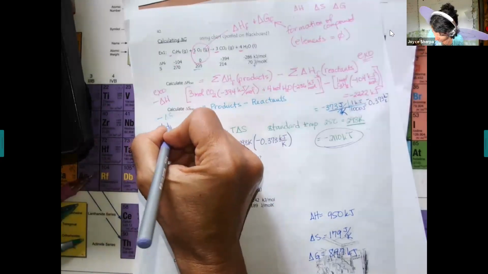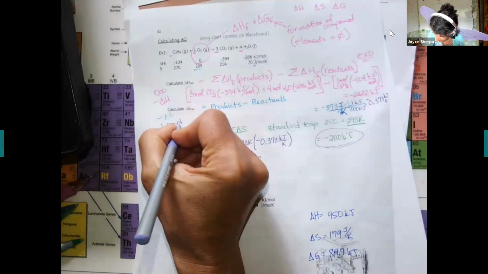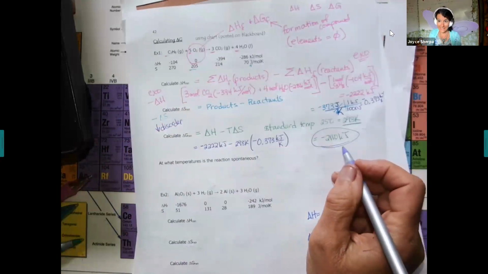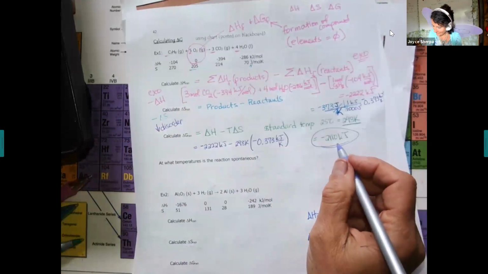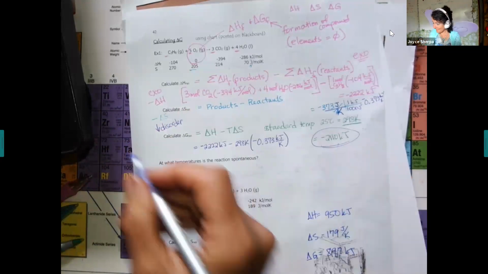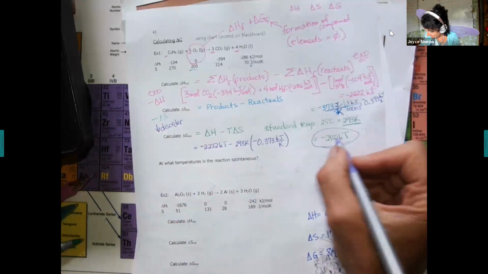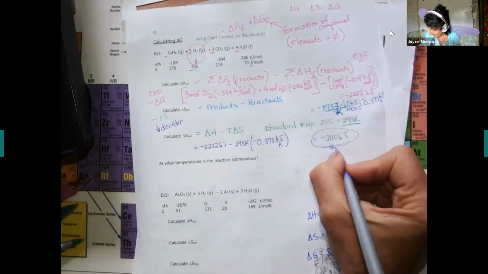Decrease disorder. You're back. All right, so there's less disorder. And then here, we got a negative. This negative means it's spontaneous at 25 degrees Celsius or 298 K.